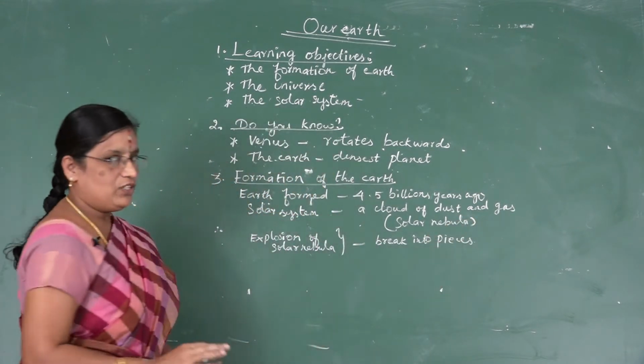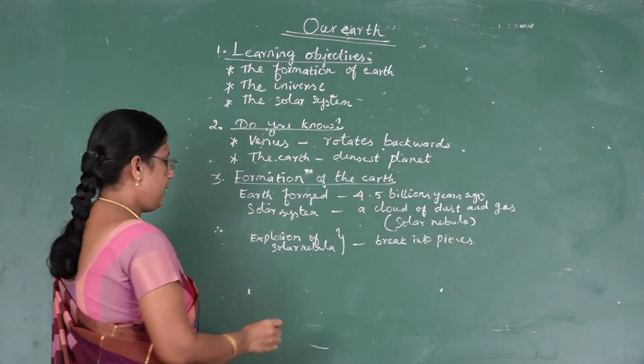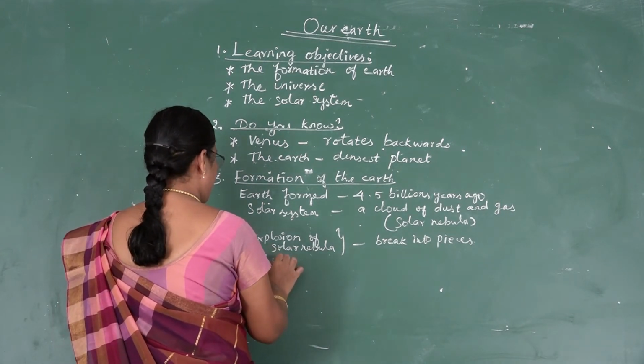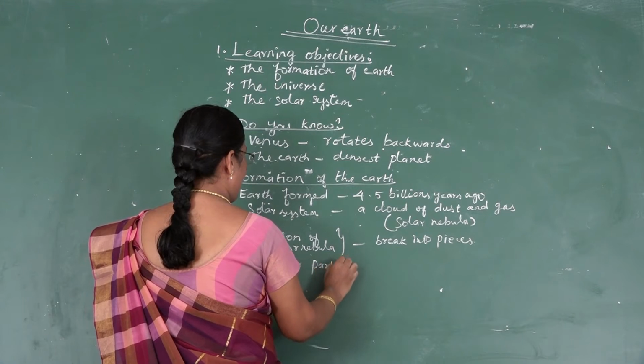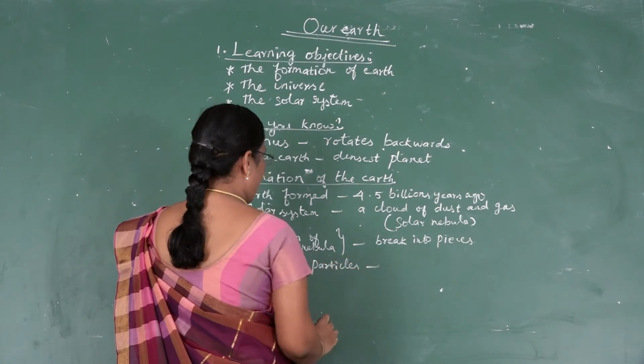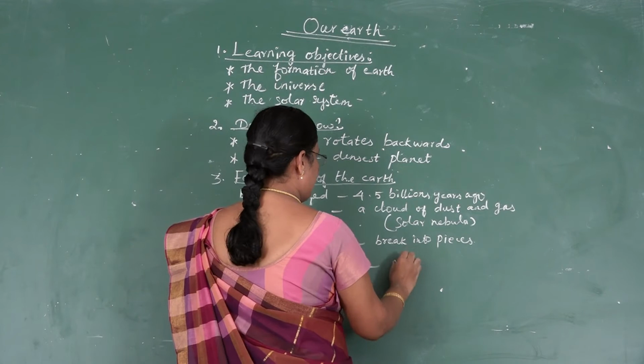The bigger particles which revolve around the sun are called planets.